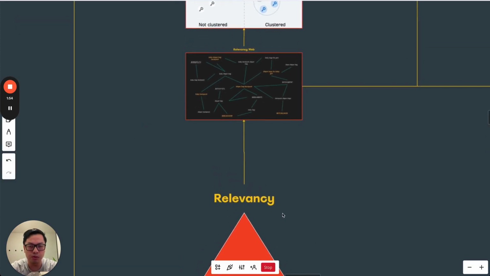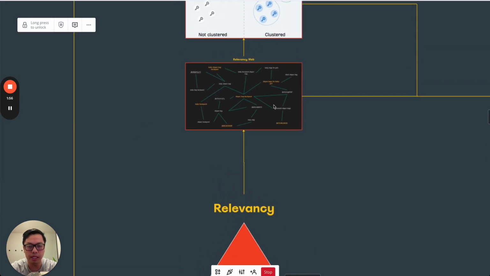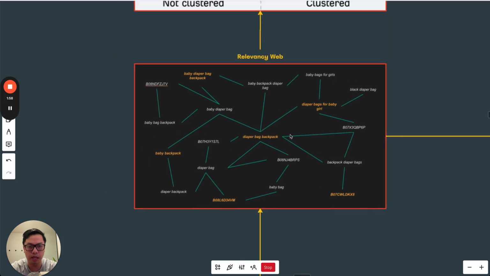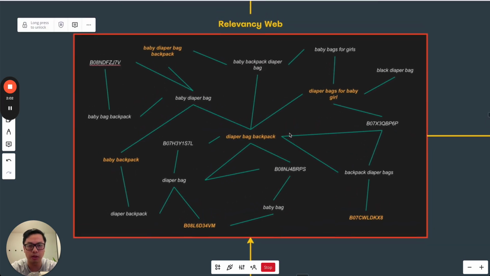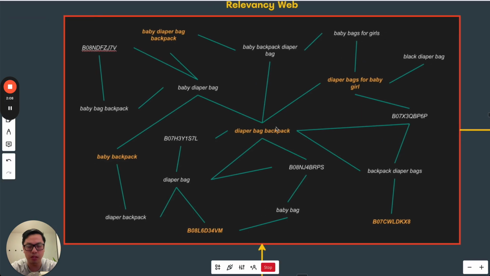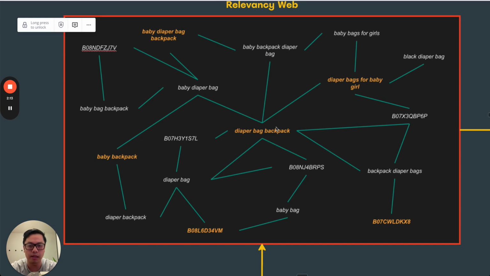So when it comes to relevancy, we have to really pay attention to keyword groups, and the reason why is because of how Amazon works. I call this the relevancy web, and this is probably the easiest way to explain it. In Amazon's database, they have a collection of keywords as well as product targets.